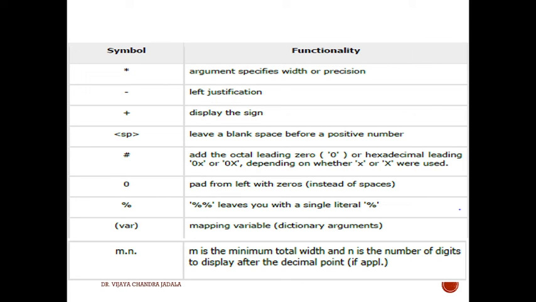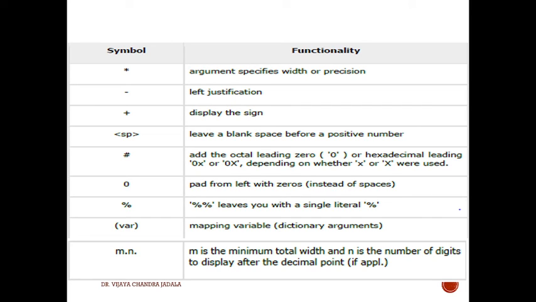Next come the symbols: the argument specifiers, width or precision. Minus, left justification. Plus, display the sign. Space, leave a blank space before a positive number. Hash, add the octal leading 0 or hexadecimal leading 0x or 0X depending upon whether x or X was used. Zero, pad from left with zeros.